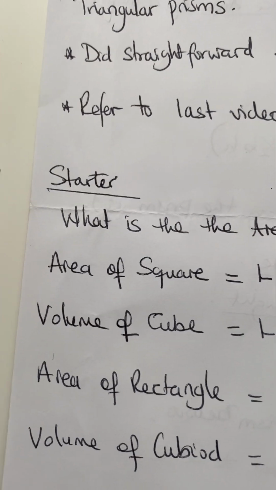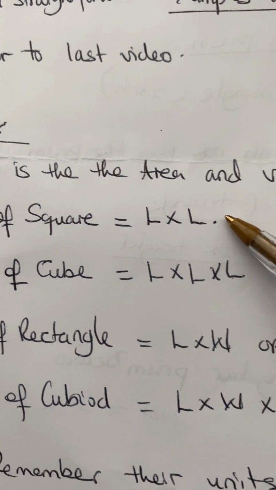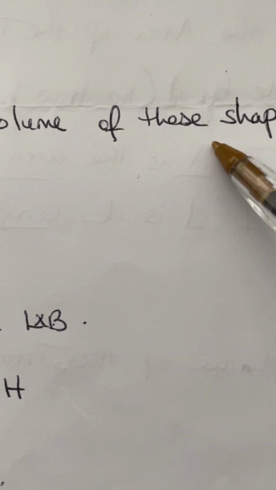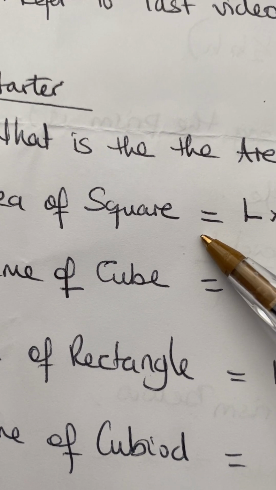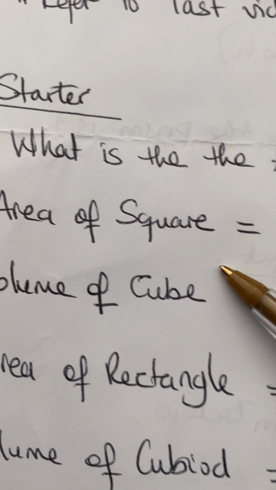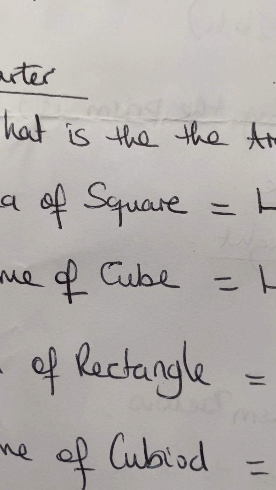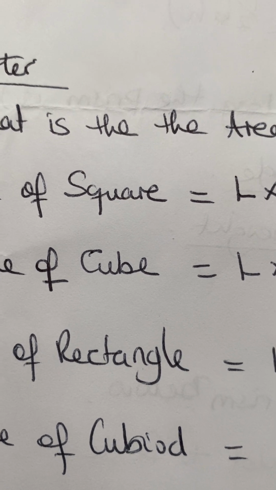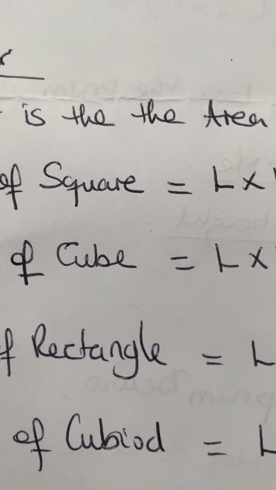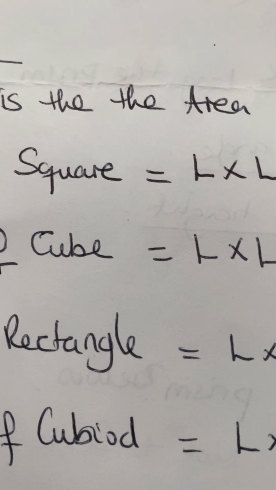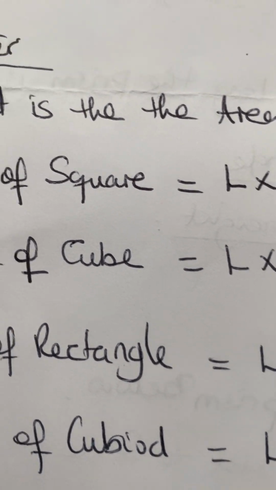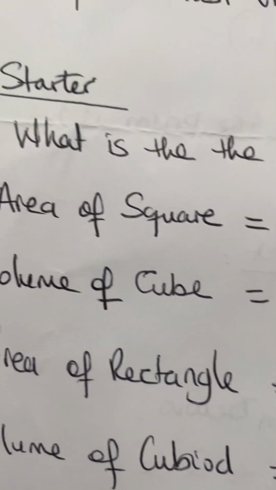Today I'll start with the area and volume of these shapes. By now we should know what a square is, what a rectangle is, what a cube is, and what a cuboid is. These are basic shapes, and even from primary school you should know that.